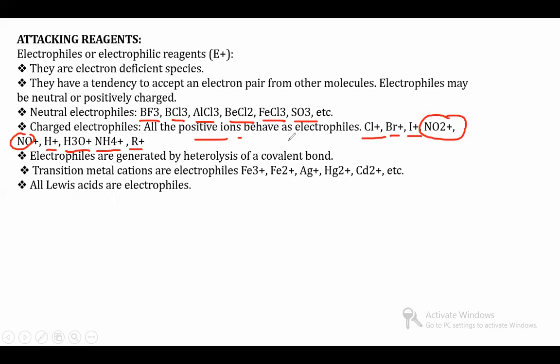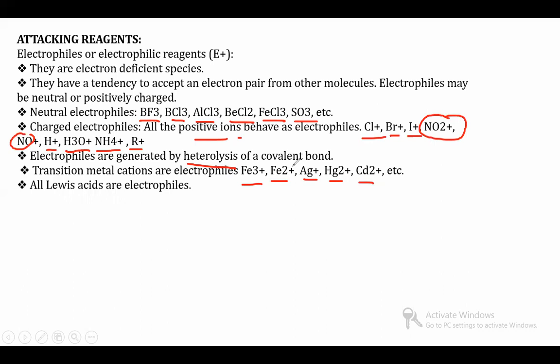Electrophiles are generated by heterolysis of a covalent bond. Transition metal ions like Fe3 plus, Fe2 plus, Ag plus, Hg plus, Cu2 plus are also positively charged, and act as attacking reagents, as electrophiles.